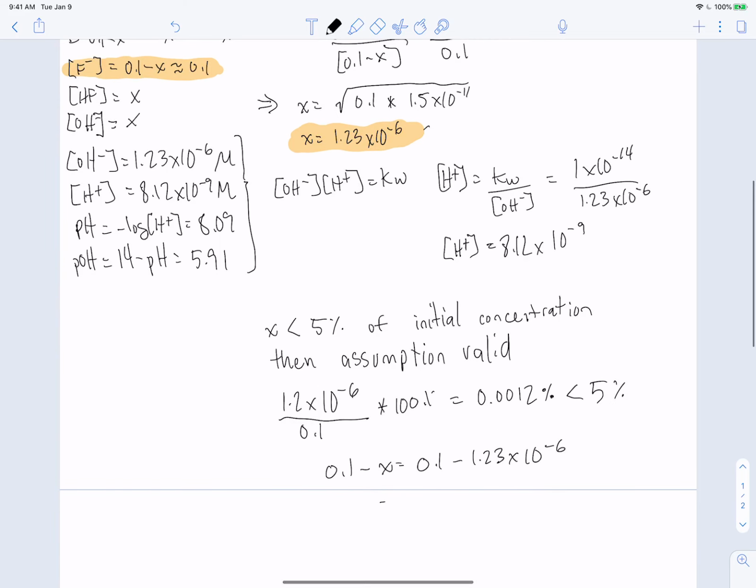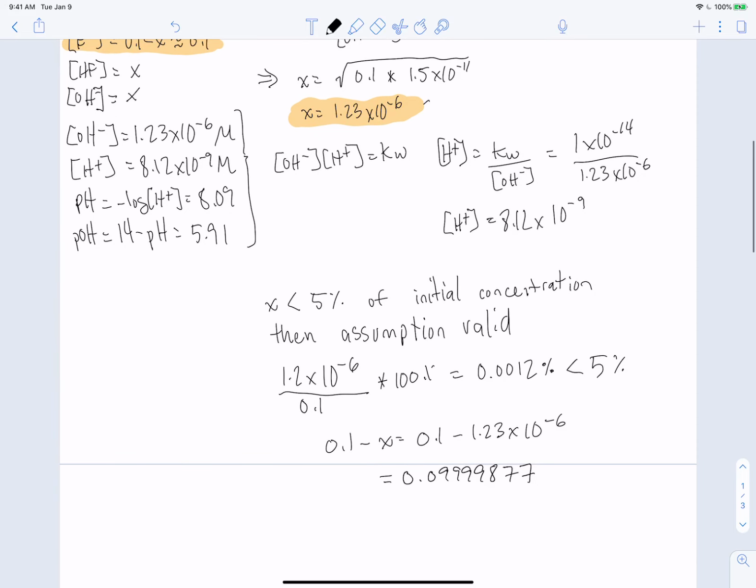And if we actually punch through the numbers on that, what we end up with is 0.099998777. And so this is approximately equal to 0.1. Like if your calculator spits this out, you're not going to be too freaked out to round it up to 0.1. And that's really where the approximation is coming from.